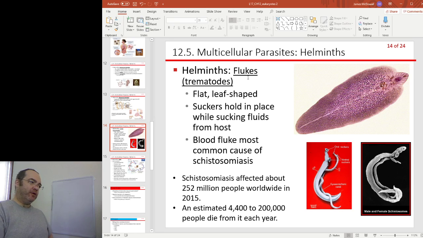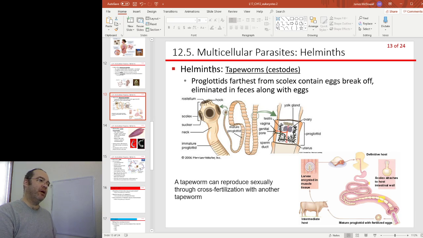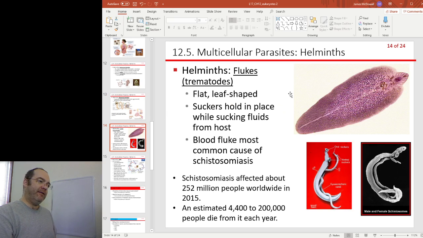Okay, so flukes. Flukes are quite closely related to tapeworms in that if you were to cut across the body, you would see a flat cross section. I've talked about the digestive mechanism of the other two, so let's talk about the digestive mechanism of the flukes.